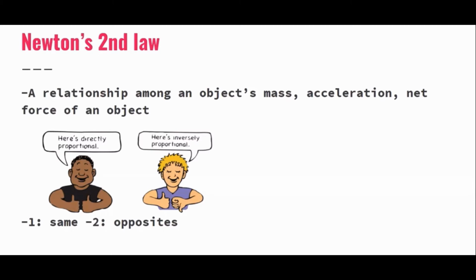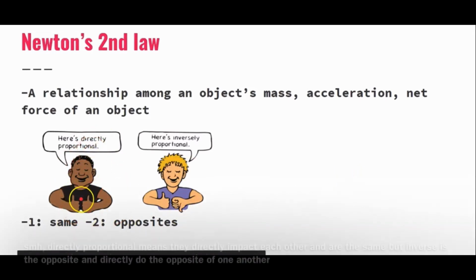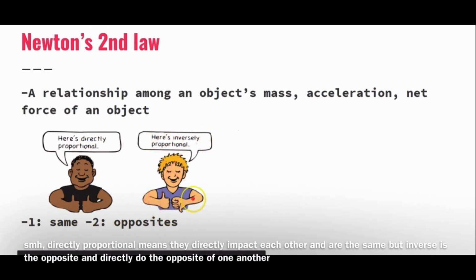This is inversely proportional because if you move this hand up and move this one down, it would be going in opposite directions. So directly proportional means the same, and inversely proportional means the opposite.